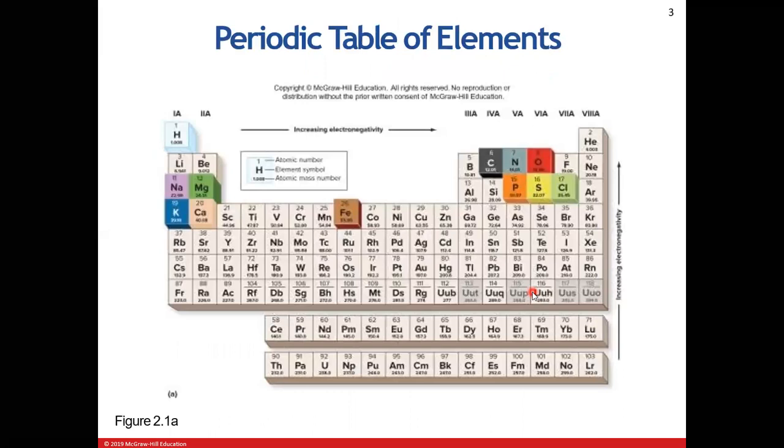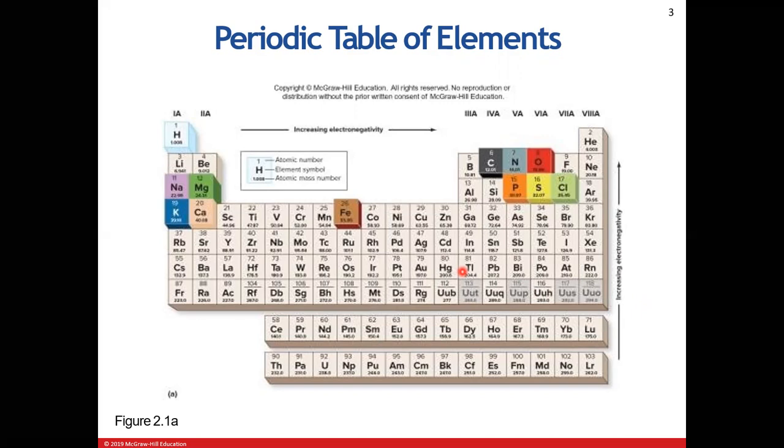Here is an image of the periodic table. Since I got this image, there have been some updates and new discoveries on different elements and how they get put in there. I just don't have the updated one here. But for what we normally talk about, the updates come down here to the higher atomic number elements, which we don't really talk about when we talk about the human body.